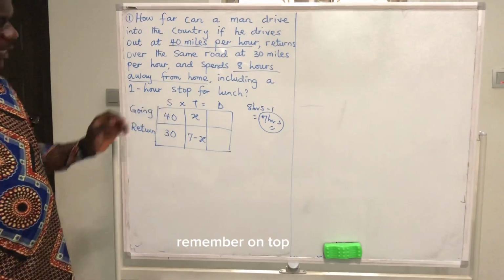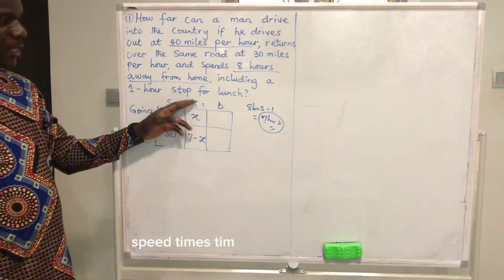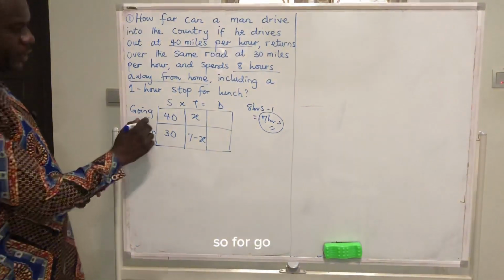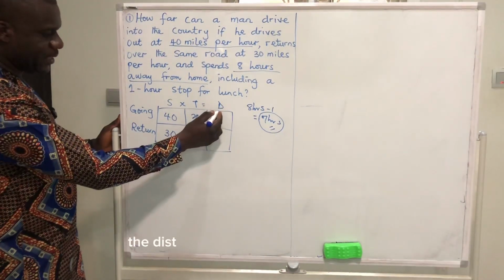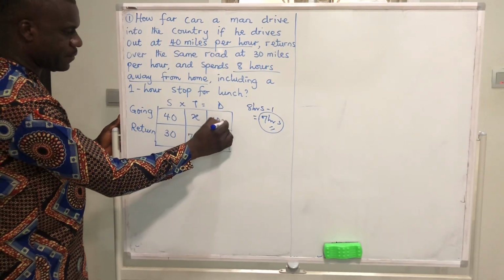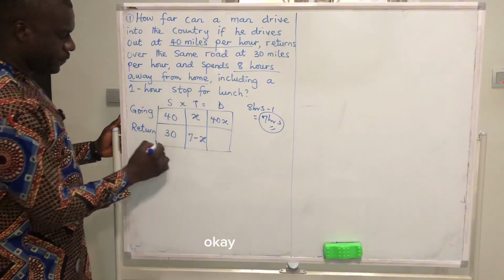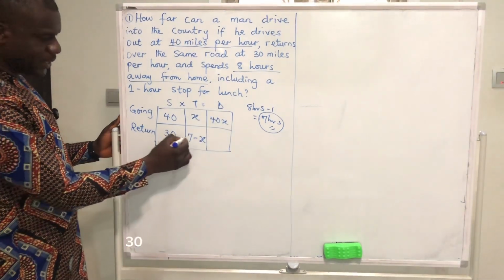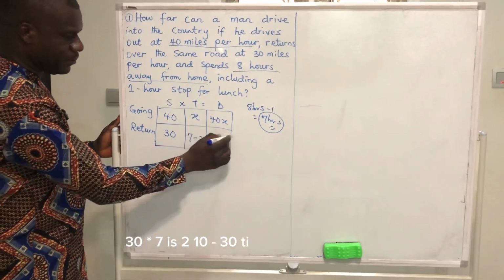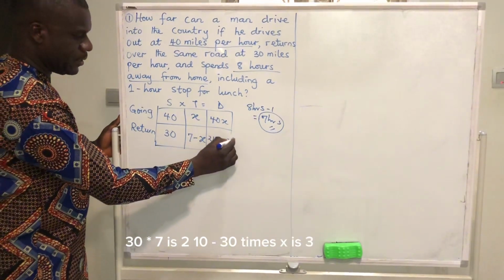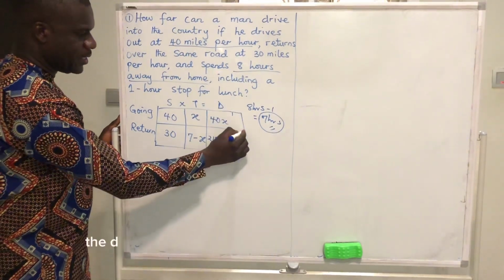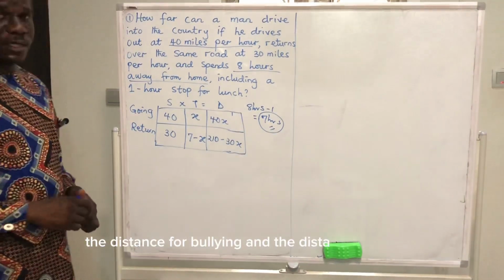Remember, on top, I said speed times time is equal to distance. So for going, the distance covered will be 40 times x, 40x. For return, 30 times (7 minus x), which is 210 minus 30x. So now we have the distance for going and the distance for return.